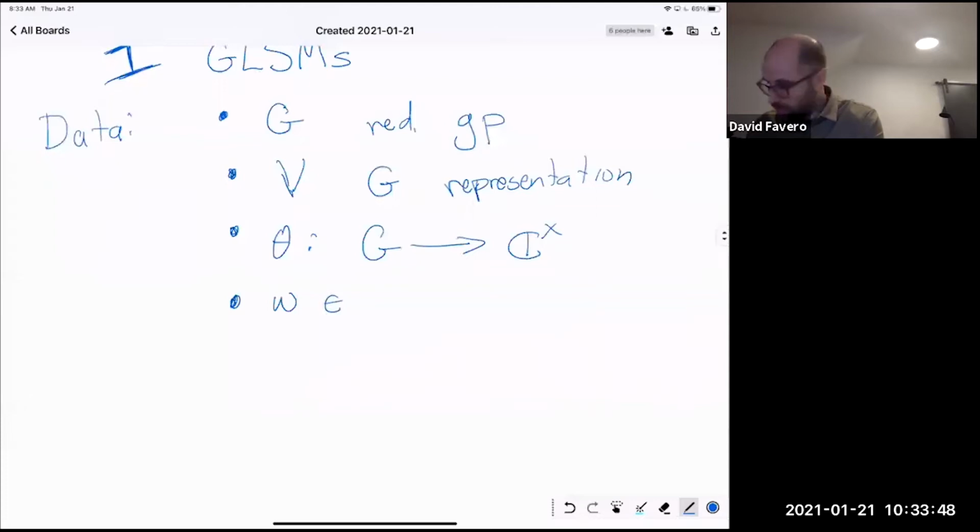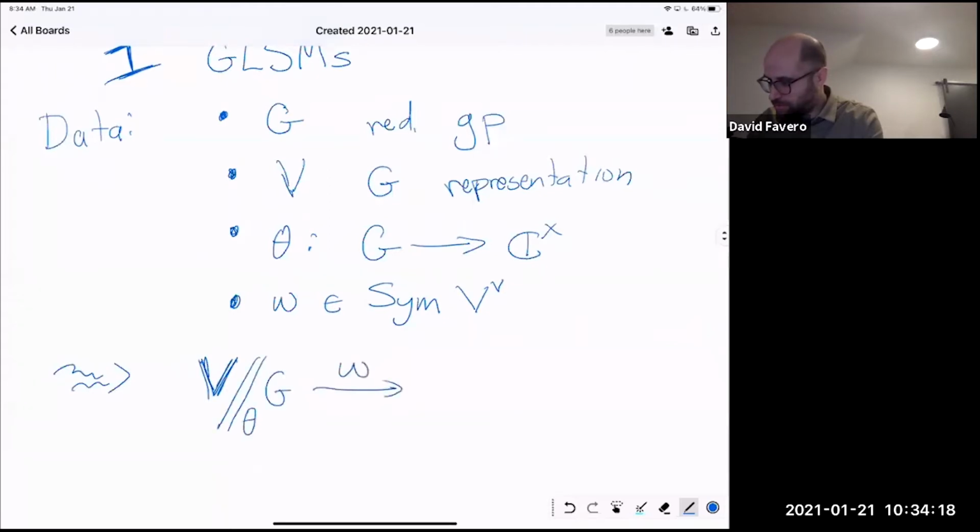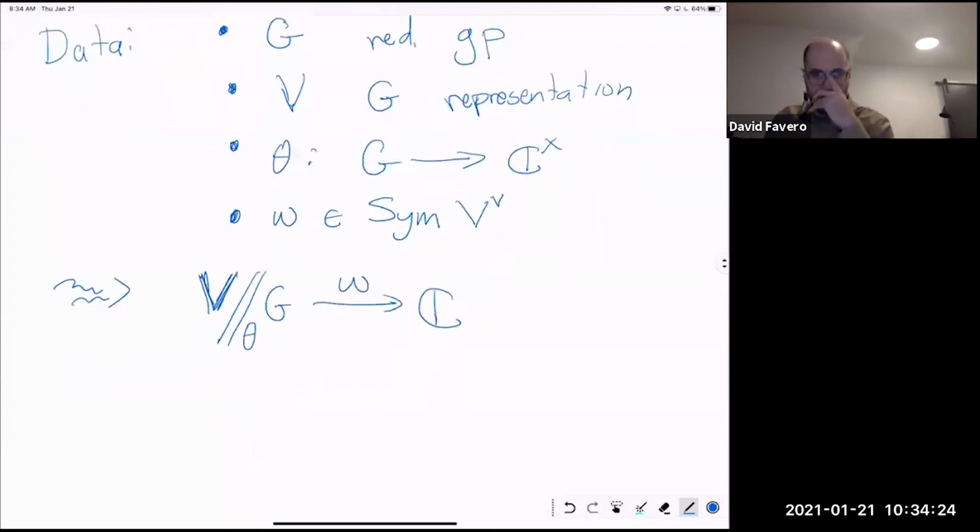And W is a polynomial function. And so if I was precise, it's a little more intricate than this, but this is the basic idea. So this data gives you a GIT quotient with a function to C star. So you get this Landau-Ginzburg model where the space for the Landau-Ginzburg model is a GIT quotient.